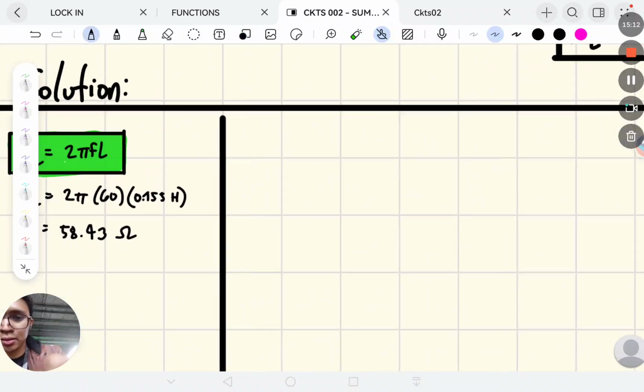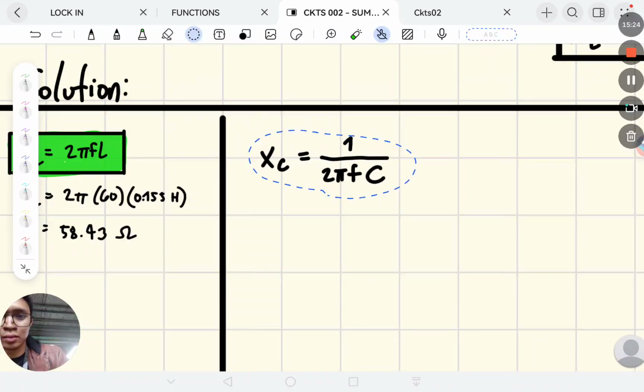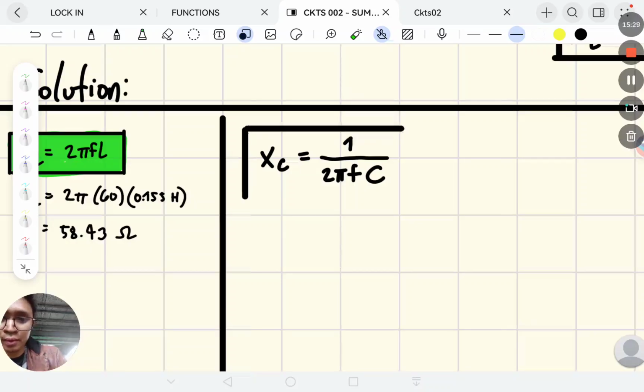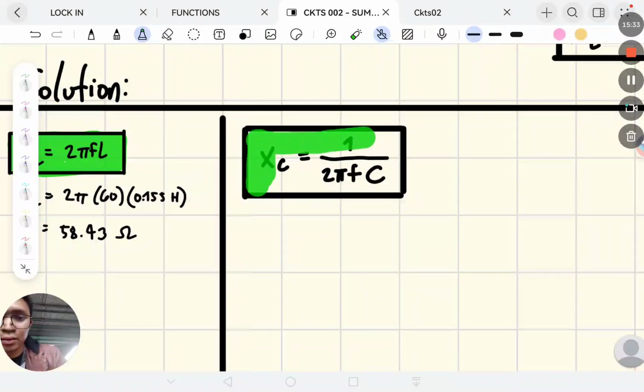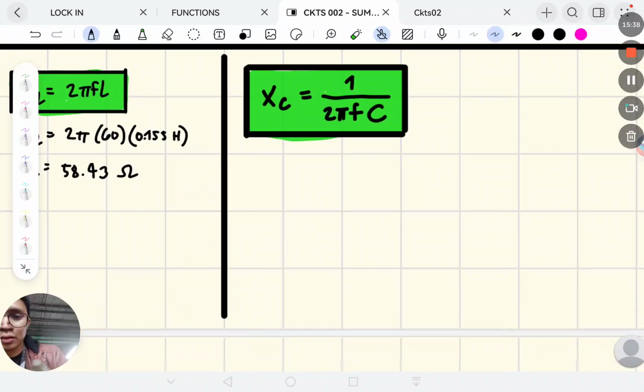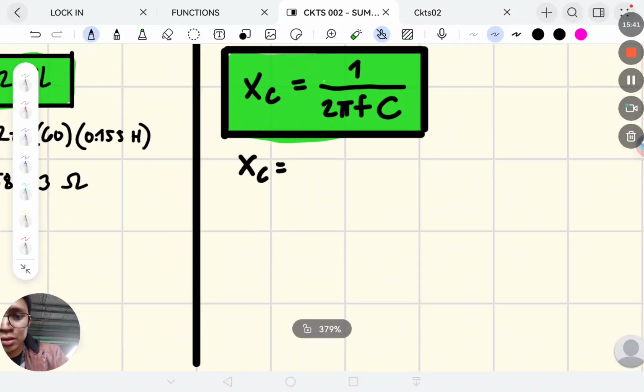Next is the capacitance. Xc is equals to 1 over 2 pi Fc. Xc is equals to 1 over 2 pi frequency 60.